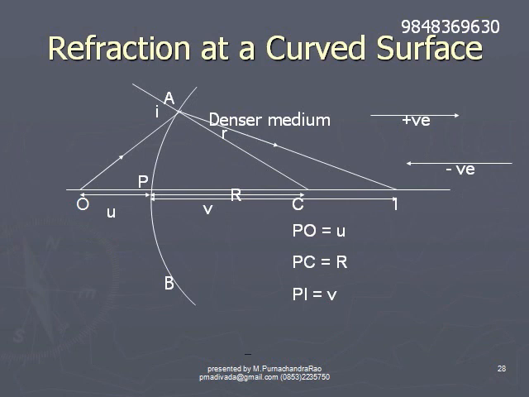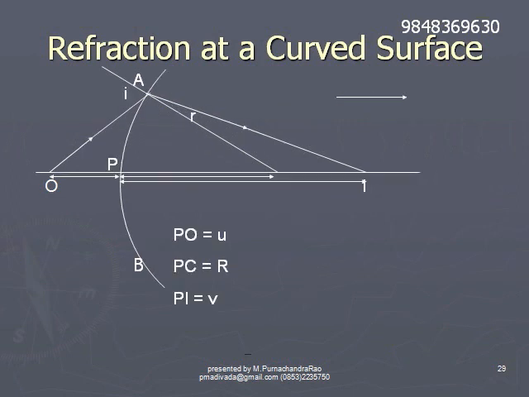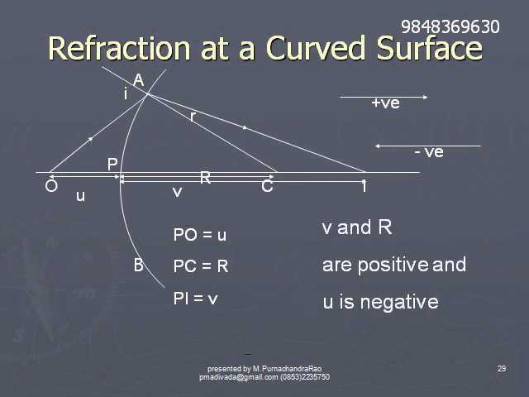Now, our aim is to apply the sign convention in the lens maker's formula. Here, from the pole P of the curved surface, the distances to the right are positive because they are in the direction of the incident ray, and the distances to the left are negative because they are opposite to the direction of the incident ray.